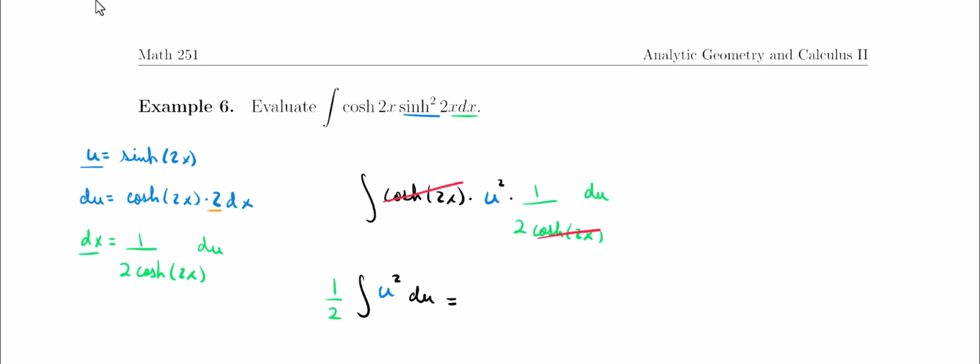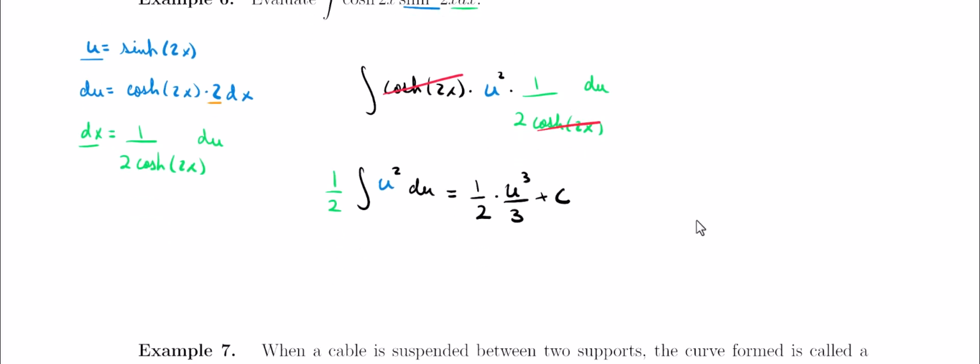Evaluating the integral, we're going to have 1/2 times u to the third over 3 plus c. Now back substituting to our x's, we're going to have 1/2 times, well, now I'll simplify it as 1/6 times the sinh cubed of 2x plus c. And there we go. We evaluated an integral. Now, as mentioned before, we're not learning any new integration techniques. We're just using our new formulas with a u substitution in this case.